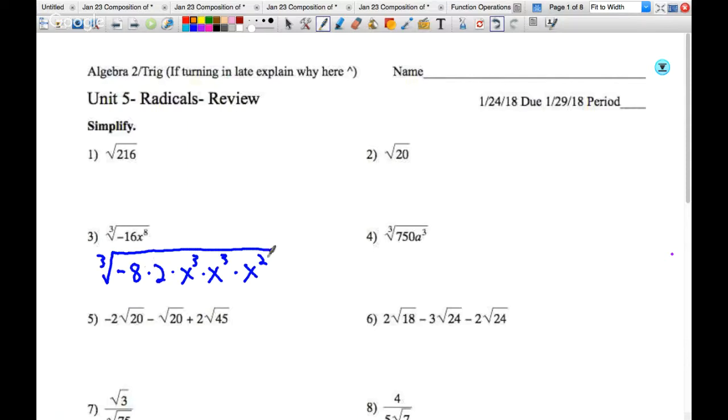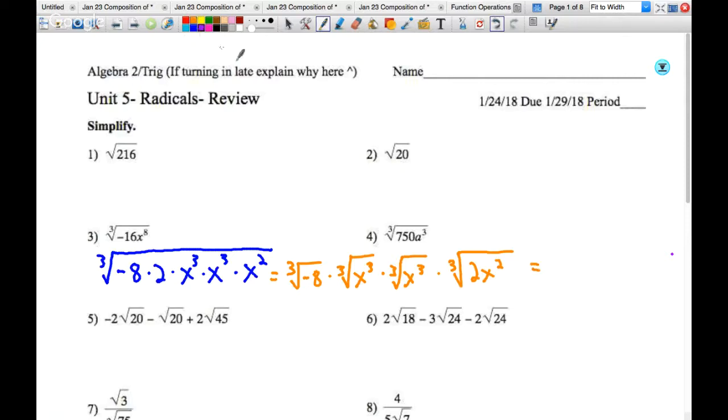But now when I divide this up into the cubed root of negative 8 times the cubed root of x to the third, times the cubed root of x to the third, I'm going to be able to cancel that cube with the cubed root. Let me write this out. x to the third times x to the third times the cubed root of everything we weren't able to take out, which is a 2 and an x squared.